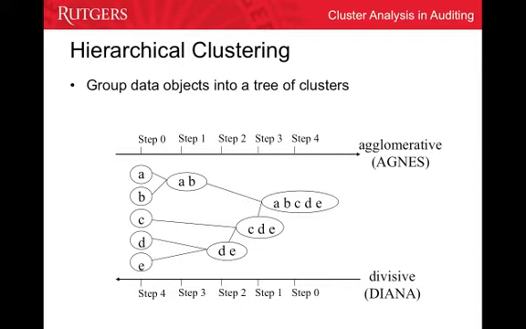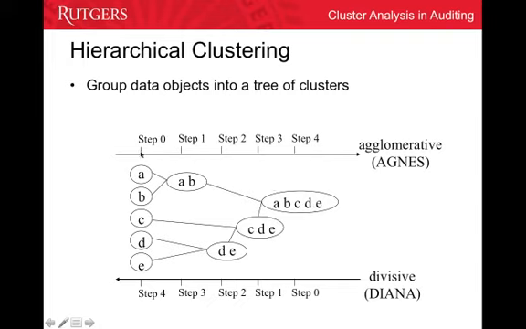Then the other type of clustering is hierarchical clustering. It groups data objects into a tree of clusters. In hierarchical clustering, the goal is to produce a hierarchical series of nested clusters, ranging from clusters of individual points at the bottom to an all-inclusive cluster at the top, like here.